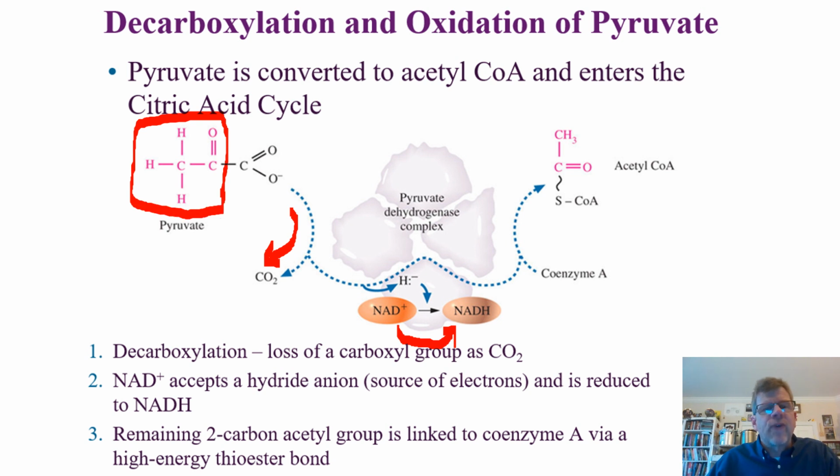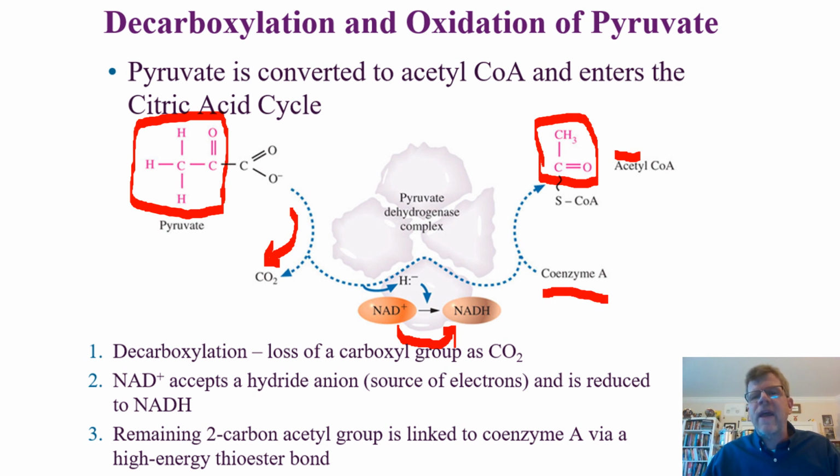This 2-carbon fragment right here from pyruvate is given over in here, C double bond O, covalently bound to a methyl group, CH3. This is known as an acetyl group. What I've circled here is known as an acetyl group. And that 2-carbon structure is linked up to a much larger structure known as coenzyme A. This coenzyme A covalently bonds to this little tiny acetyl group to give a structure known as acetyl-CoA.